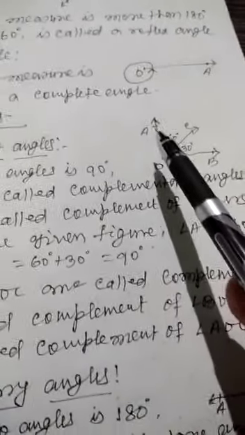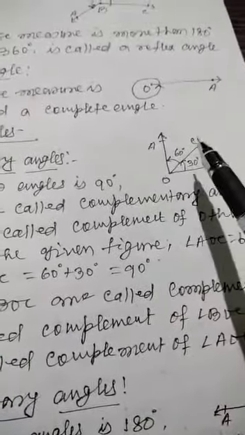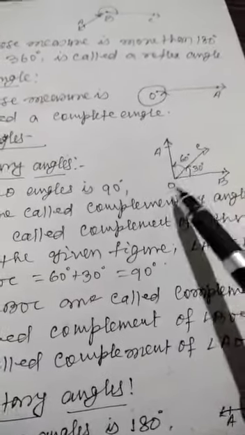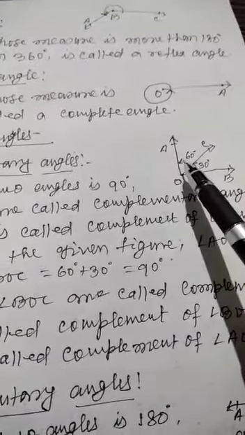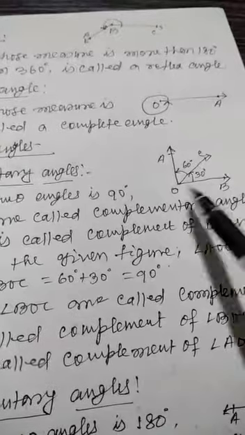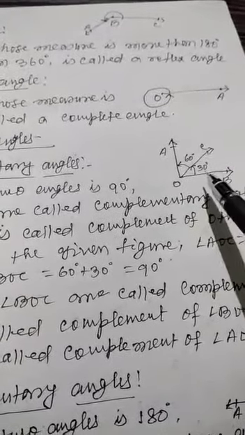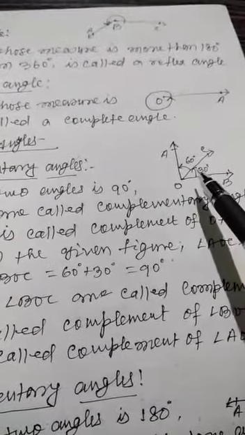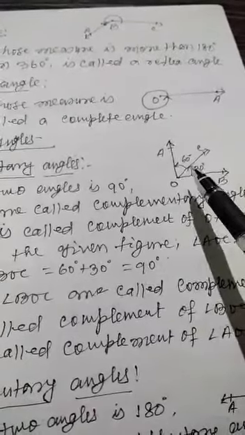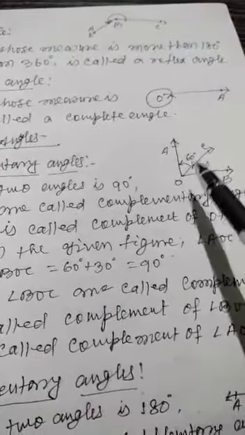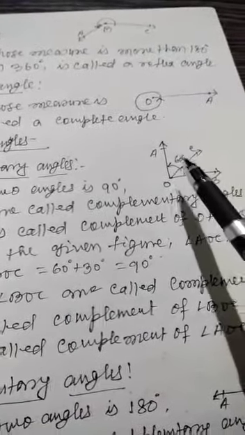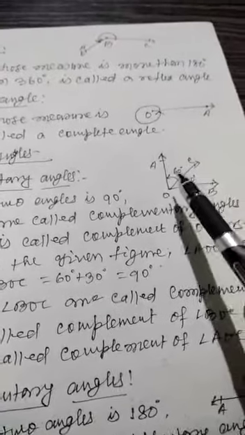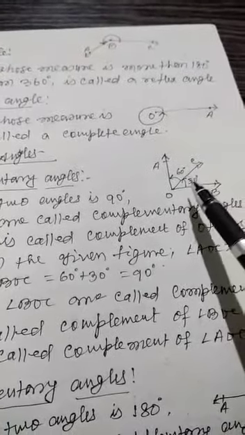See, angle AOC, its measure is 60 degree. Angle BOC, its measure is 30 degree. So these are two angles having the same vertex O. We add both the angles, 60 degree plus 30 degree, that is 90 degree.